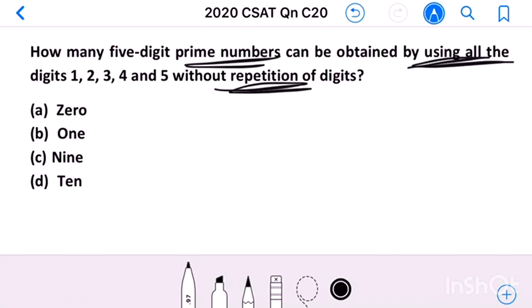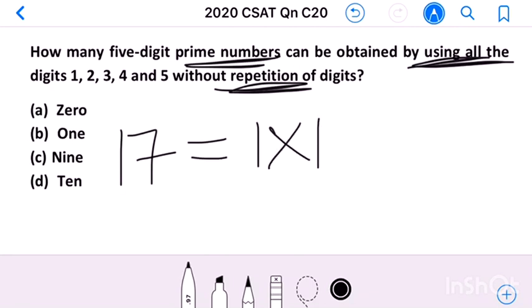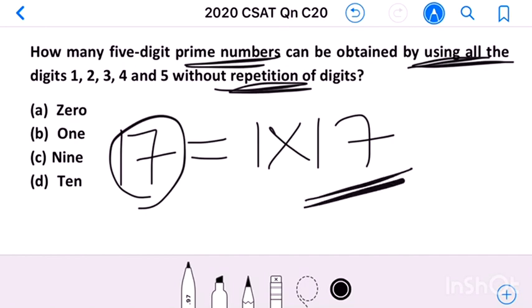Consider one example, 17. 17 we can write only as a product of 1 and 17. We can't make 17 as a product of any smaller natural numbers other than 1 and 17. So that is a prime number.